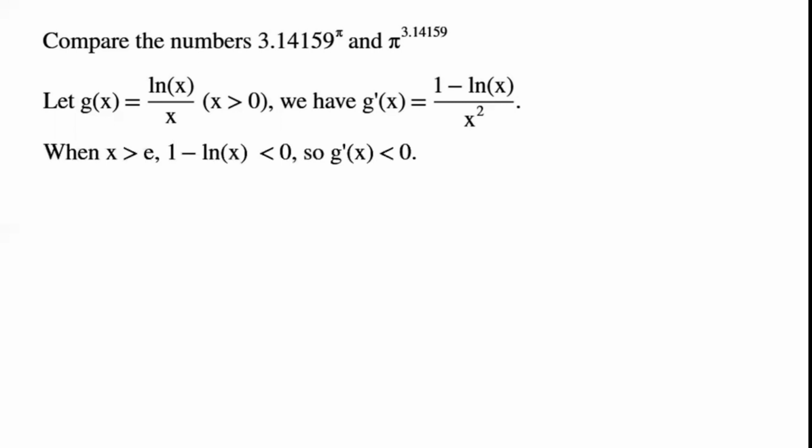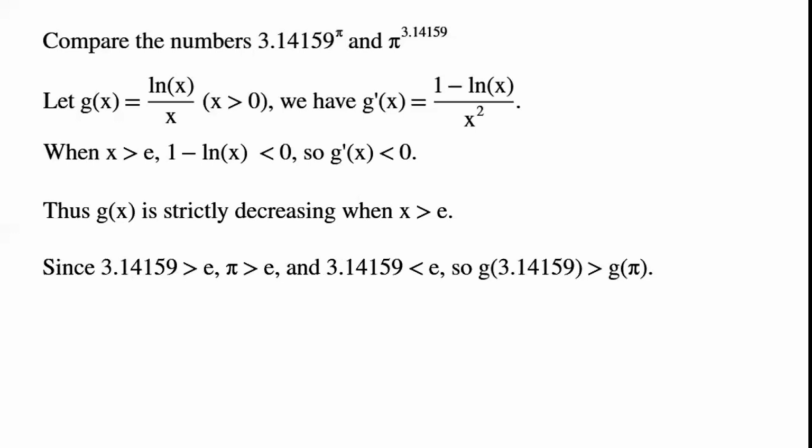When x is greater than e, 1 minus ln x is less than 0, so g dash of x is less than 0. Thus, g of x is strictly decreasing when x is greater than e.